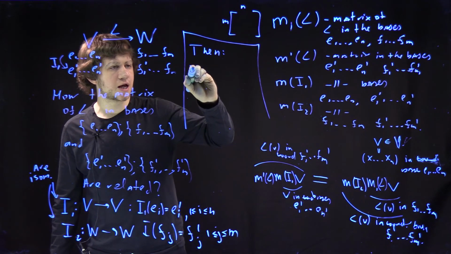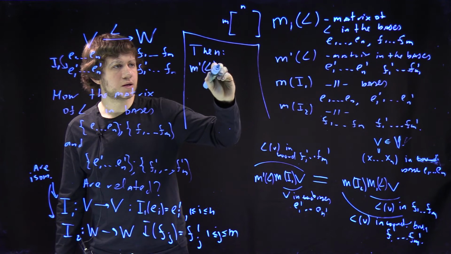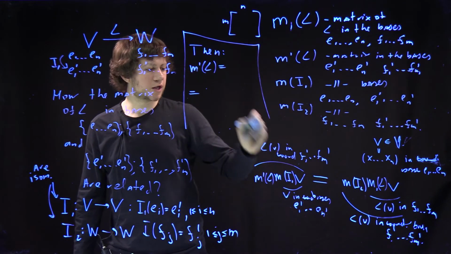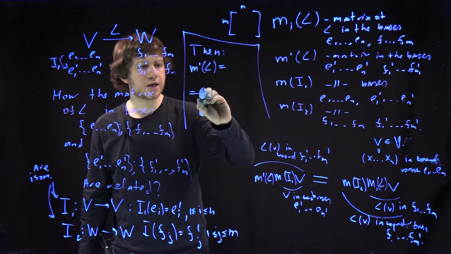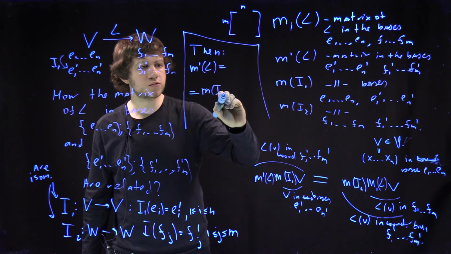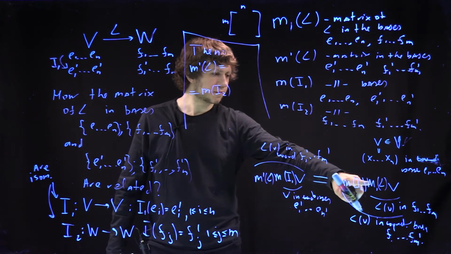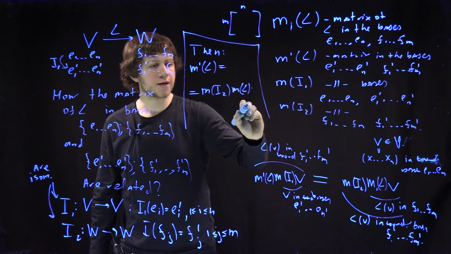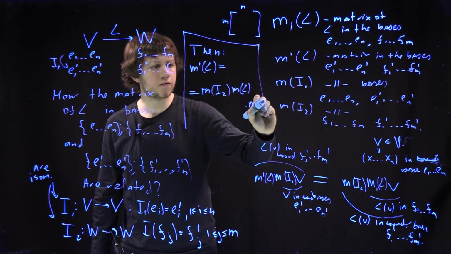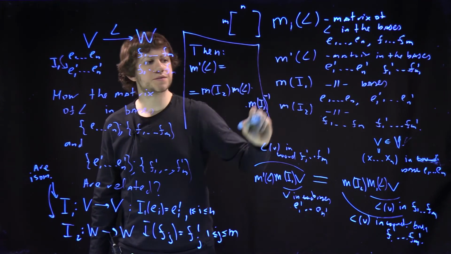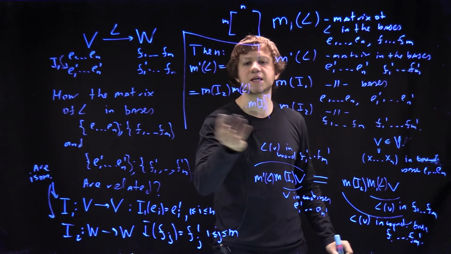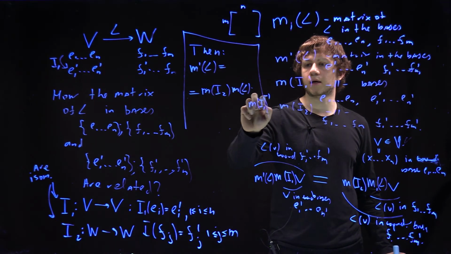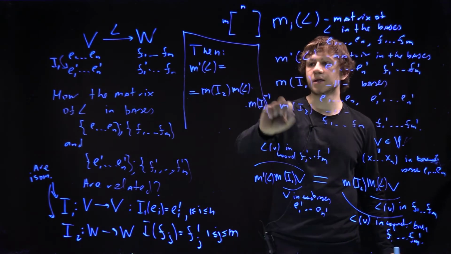So then we see that M prime of L equals, since this matrix is invertible, so we can multiply on its inverse, M of I2 times M of L times M of I1 inverse. And since it's an isomorphism, it does not matter whether you take M of I1 inverse or the inverse the other way.